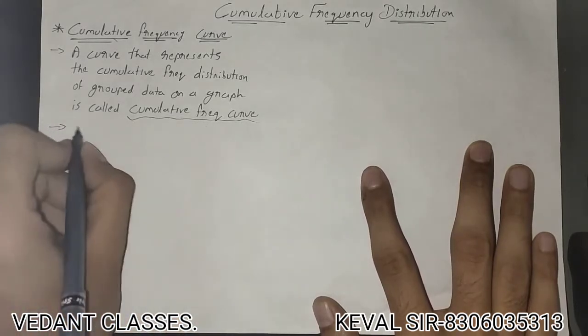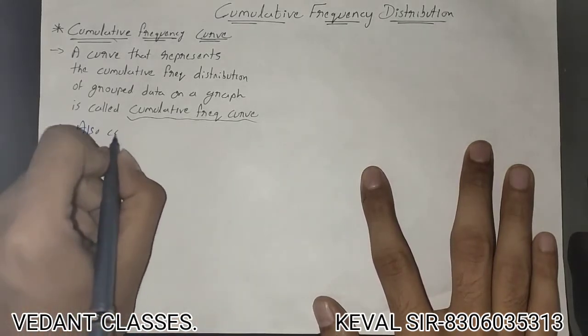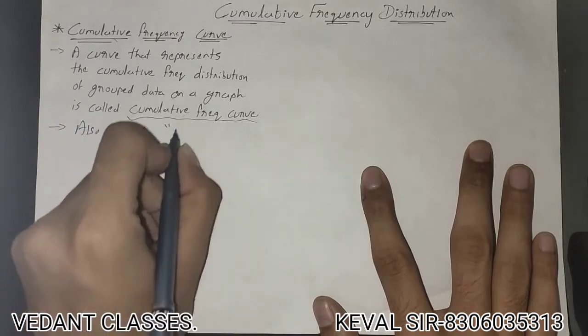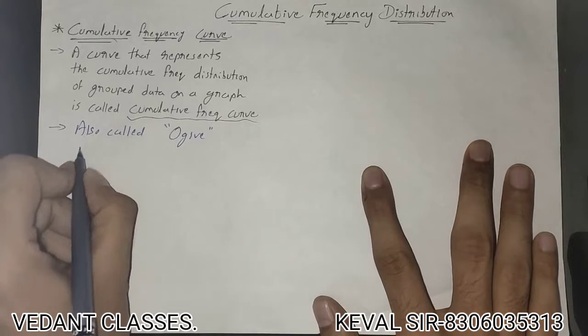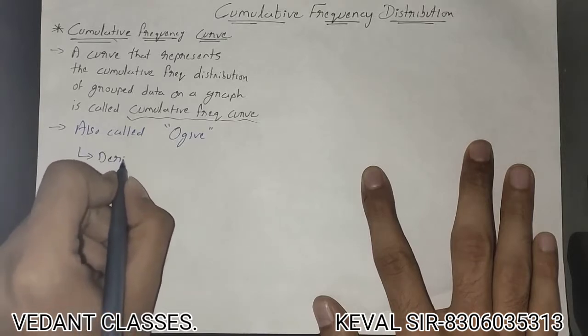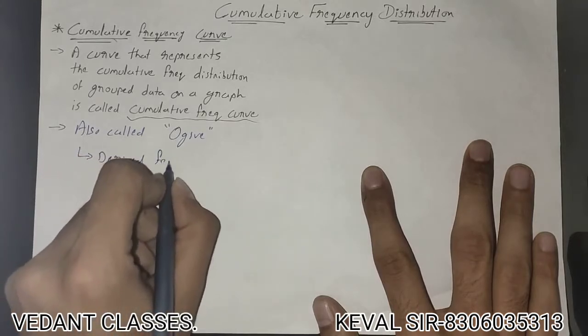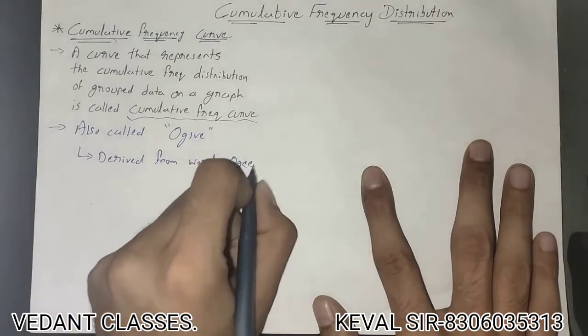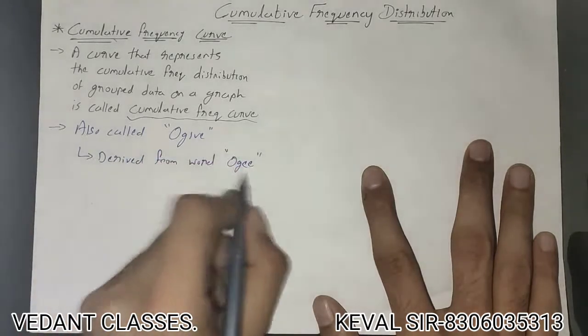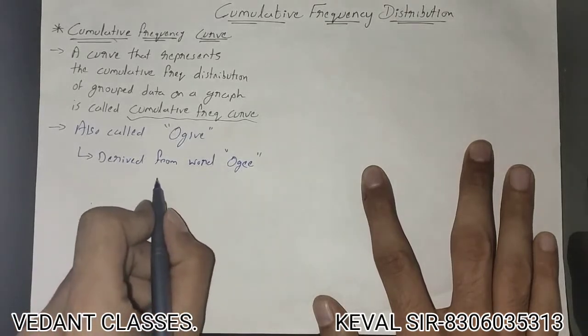This curve is also called ogive, and this word is derived from the word og. Now what does og mean? The og is a kind of shape like this.